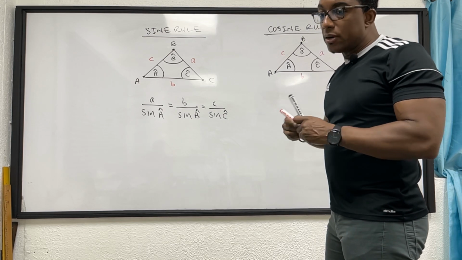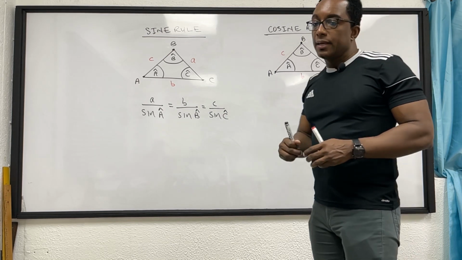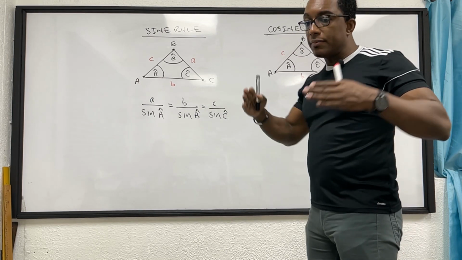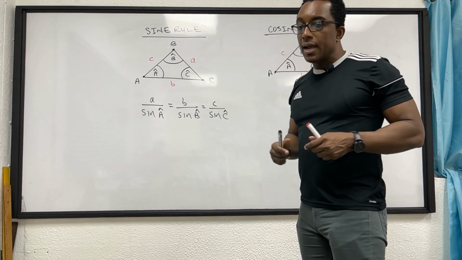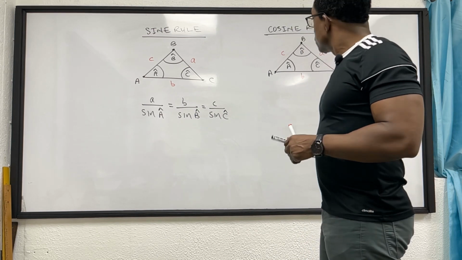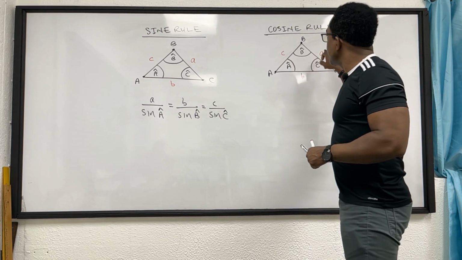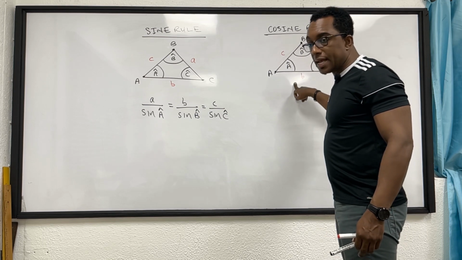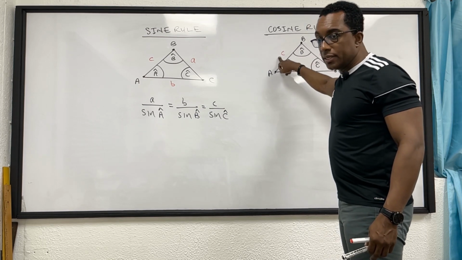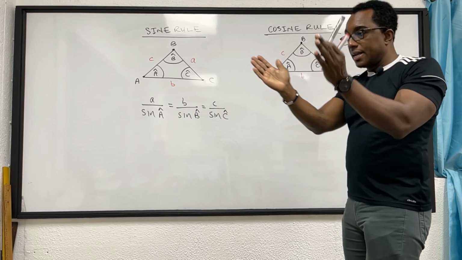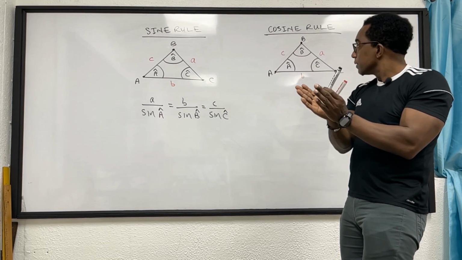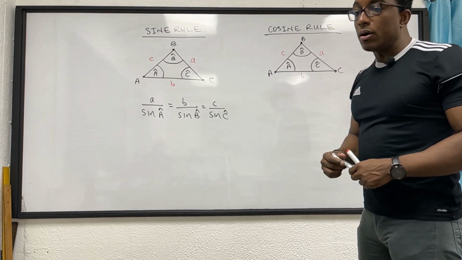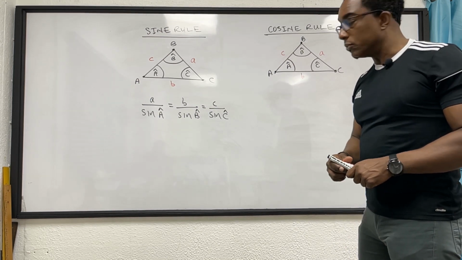And the cosine rule is normally an equation created provided we have two sides that are known and an included angle. So suppose we want to find side a, for example, and we're given information for side b and side c. Once side b and side c meet to form this included angle A, then automatically we're going to use the cosine rule. So this is my side a.